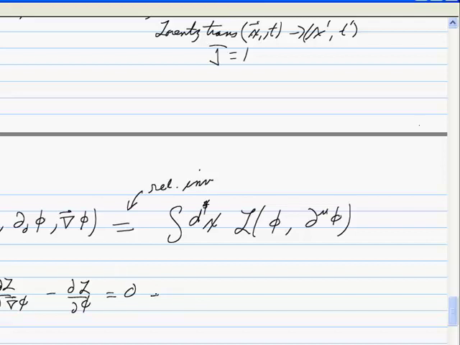In our relativistic notation, this is d0 of dL d d0 phi.